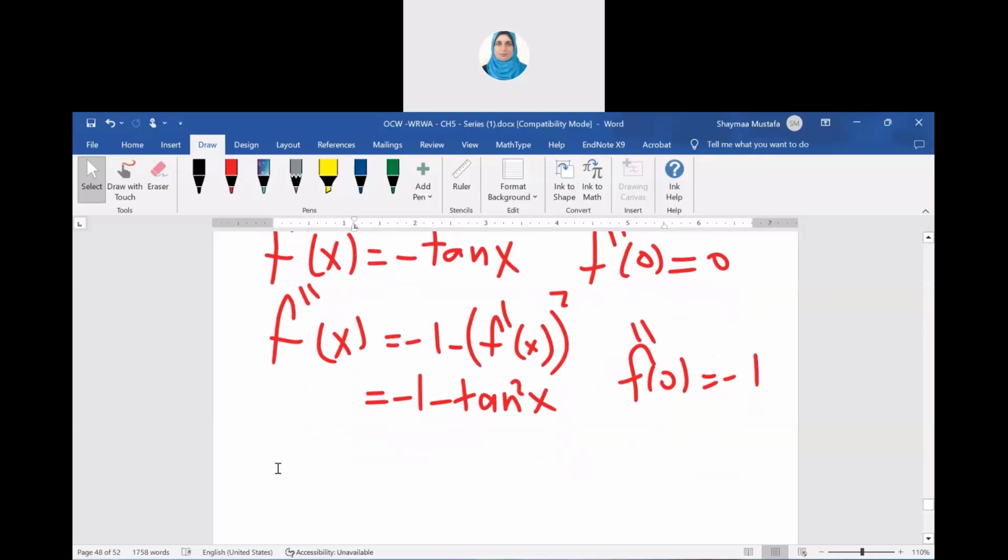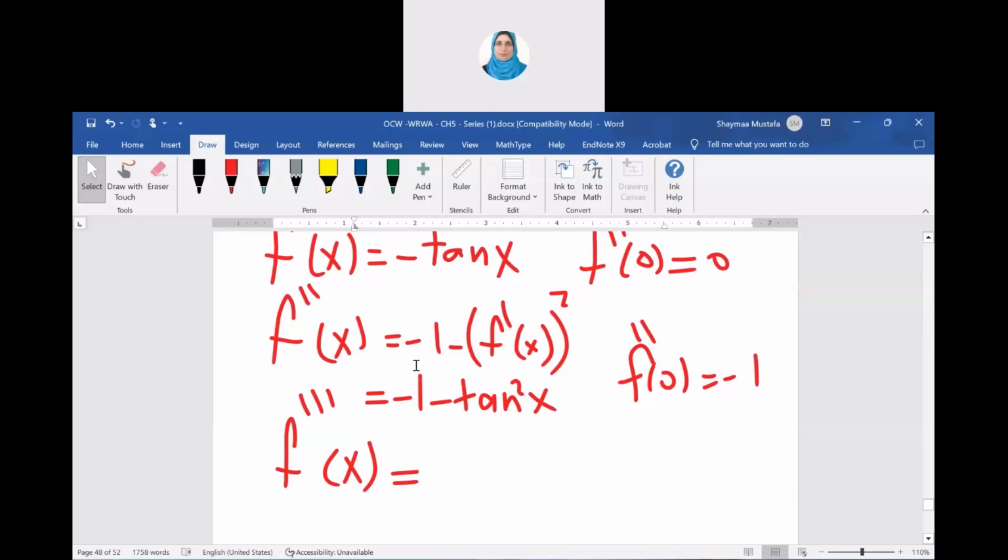Now, the third derivative. The third derivative means I need to find the derivative of this relation: minus 1 minus the first derivative squared.